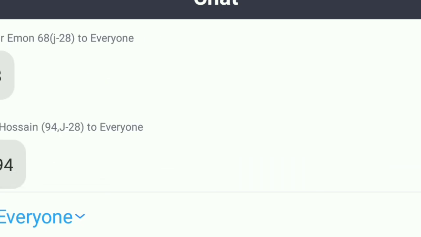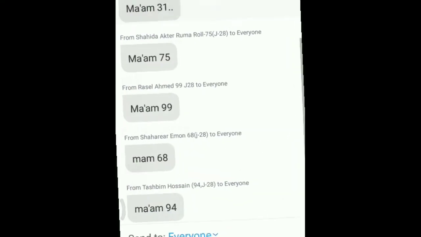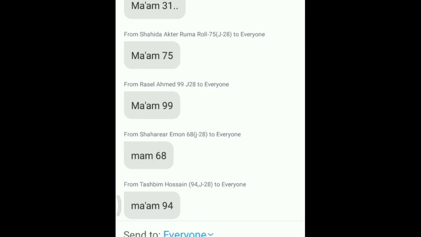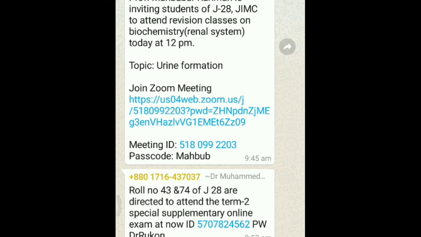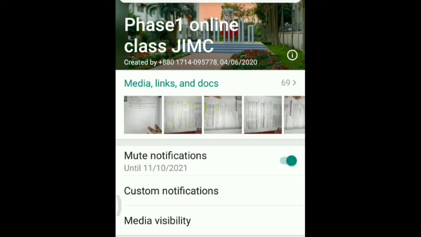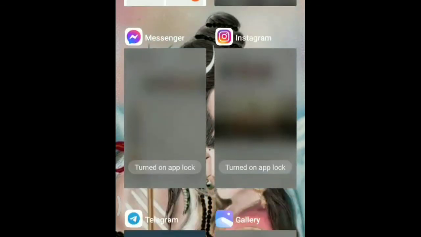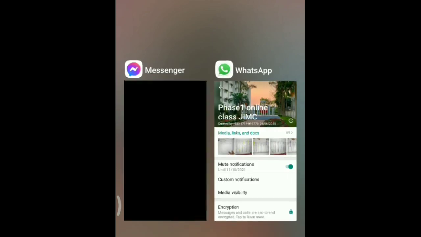After 70% of electrolytes are reabsorbed, water is also reabsorbed passively, and that keeps the osmolality in the glomerular filtrate normal. And normal means isoosmotic, same as that of plasma.